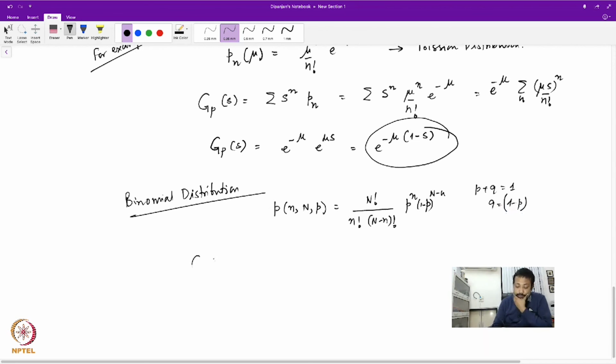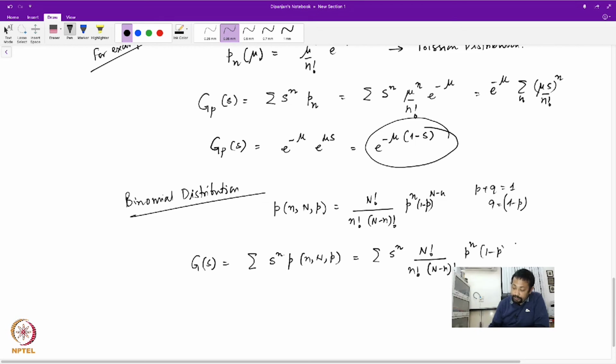If I want to calculate the generating function for such a distribution, we will write this as the sum of s to the power n P_n. So that is going to be the sum over s to the power n, N factorial over small n factorial times (N minus n) factorial, p to the power n, (1 minus p) to the power N minus n.